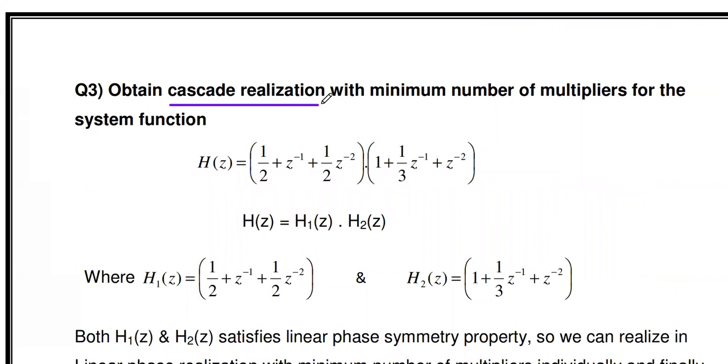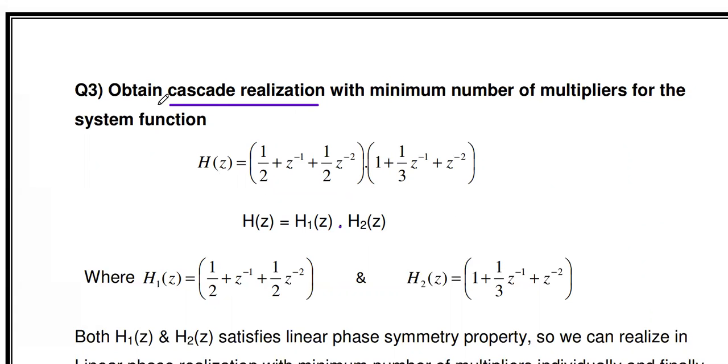If the given FIR filter is a higher order function, then instead of realizing in direct form, we have to split the transfer function H(z) into a multiplication of second order transfer functions. After that, we realize H1(z) in direct form separately, H2(z) in direct form separately. Then finally, we cascade. That is cascade form realization.